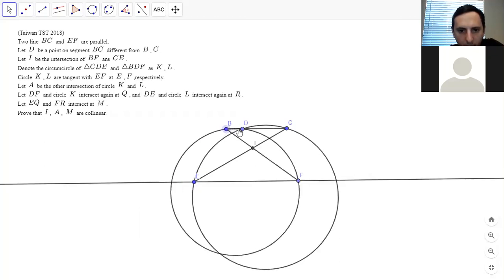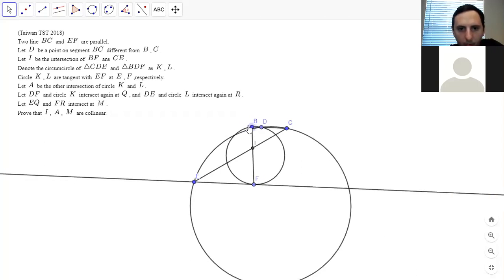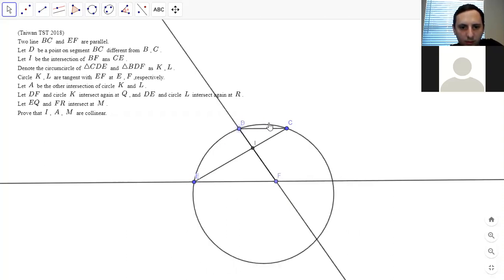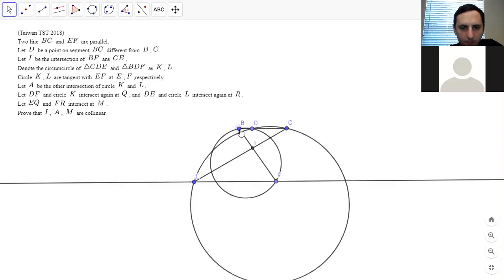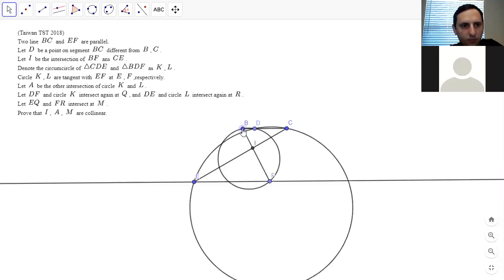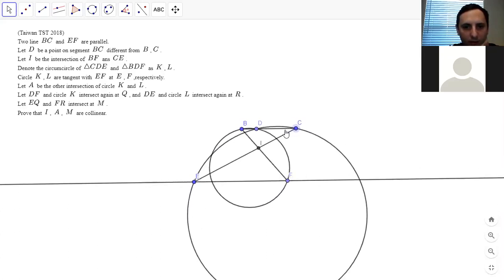So they're tangent to EF at E and F. How would that work? Oh, I guess it could be something like this. But how could they both be tangent? Does that make sense? Circles K and L are tangent to EF at E and F. I don't see how that could be.